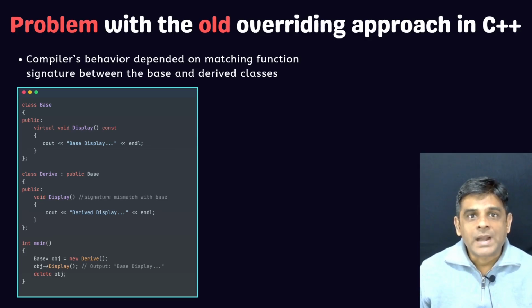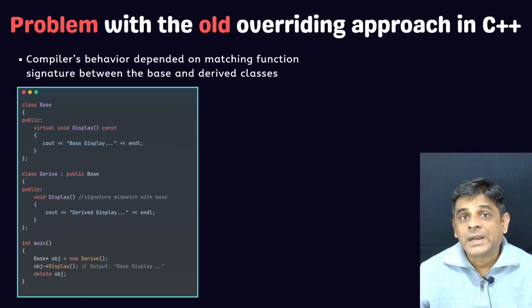Now this is a problem, right? Consider you are writing code and by mistake you missed a parameter in the derived class which exists in the base class. So this is a signature mismatch of the overriding function.